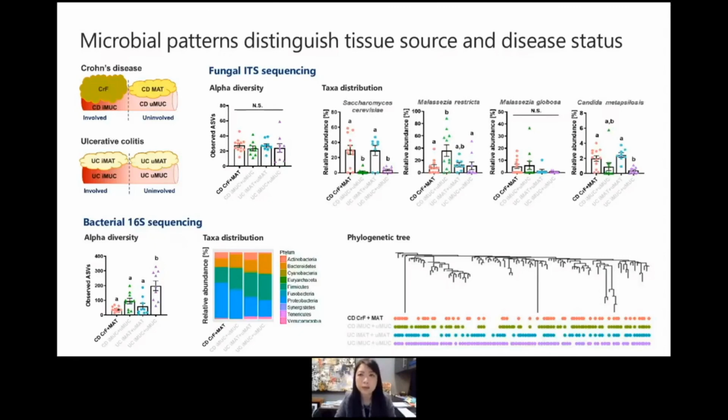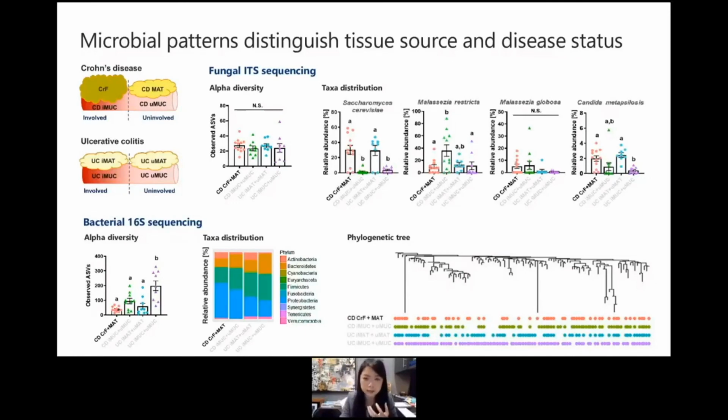And we feel that sequencing captures signals from both live and dead cells. And so some of the things that we captured are probably artifact and maybe not fully relevant in disease progression. So we really want to get to the bottom of the microbial fraction that is metabolically active and functional in the disease state.